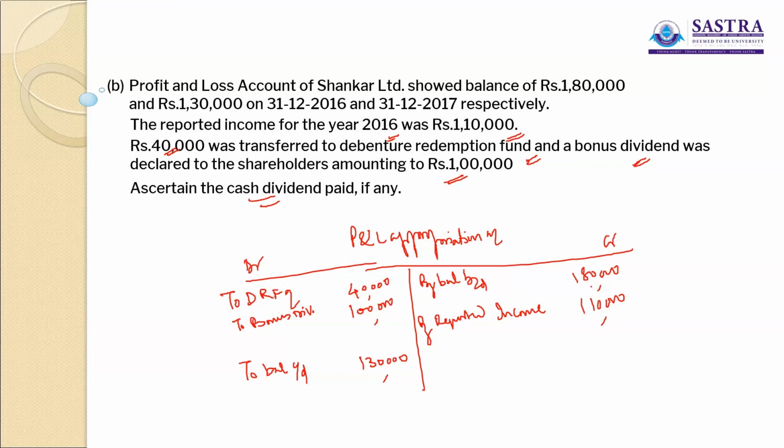Now roughly we calculate the total. Here it is 2,90,000 whereas here it is 2 lakhs 70,000. So the credit side exceeds the debit side. So first we close the credit side. It's 2 lakhs 90,000 and transfer it over here, 2 lakhs 90,000. So the difference is to be taken as cash dividend.